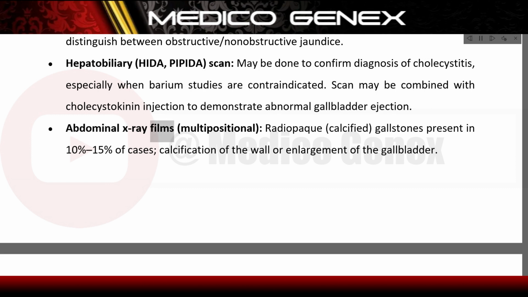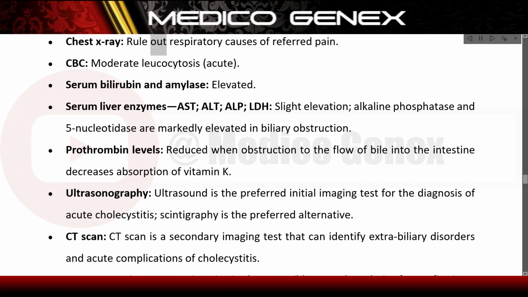Abdominal X-ray films, multipositional: radiopaque, calcified gallstones are present in 10%-15% of cases, as well as calcification of the wall or enlargement of the gallbladder. Chest X-ray: rule out respiratory causes of referred pain. CBC: moderate leukocytosis, acute.